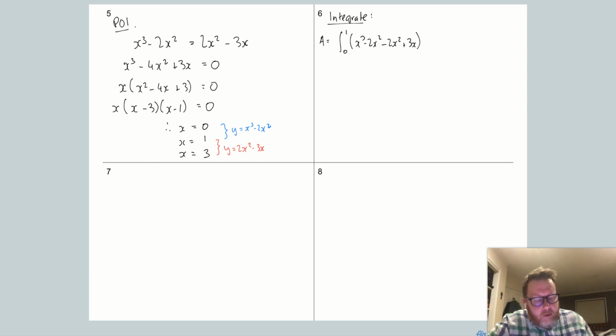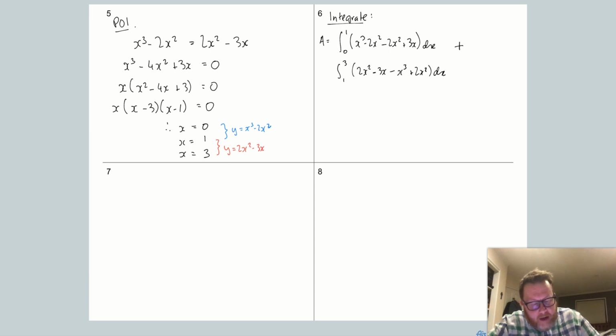So that's blue minus red with respect to x, plus the integral from 1 to 3 of, now we're going to reverse it. So it's going to be 2x squared minus 3x minus x cubed minus 2x squared is plus 2x squared with respect to x.